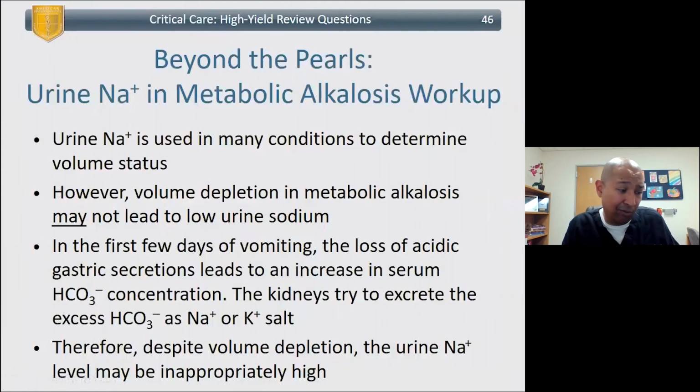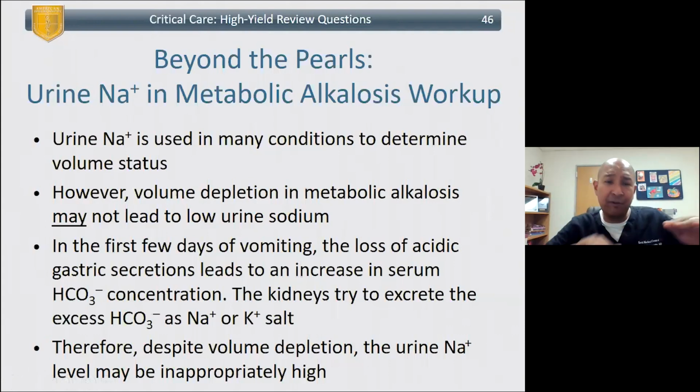So once again, I really spent a lot of time on this because I just know it's high yield for the boards. My bottom line point is that quite commonly when we talk about critical care boards, we always ask, what's their volume status? Are they volume up, volume down? And one of the things that we always look at is urine sodium, right? And urine sodium, for the most part, is a good marker of intravascular volume. The only time urine sodium is not helpful to determine intravascular volume is if you have a metabolic alkalosis.